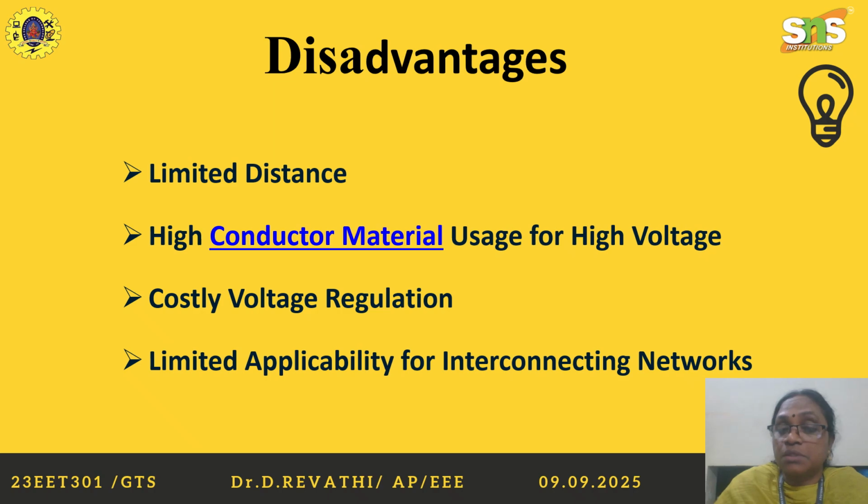Already we know that we have to use it for less than 80 kilometers. Also high conductor material usage, high voltages, and costly voltage regulation. The next disadvantage is limited applicability for interconnecting networks. These are the disadvantages of the short transmission line.